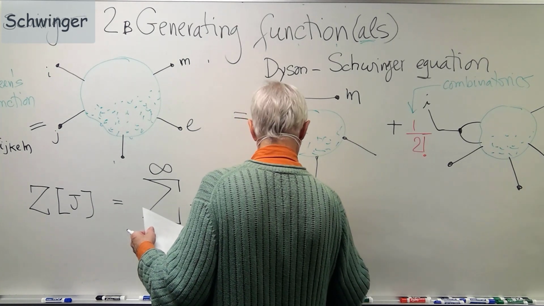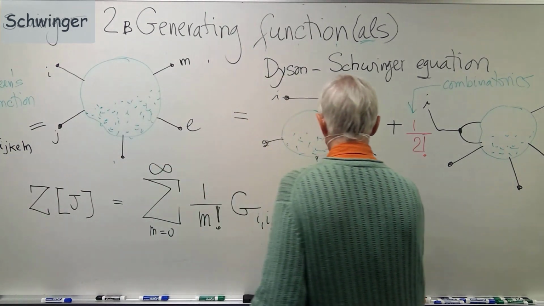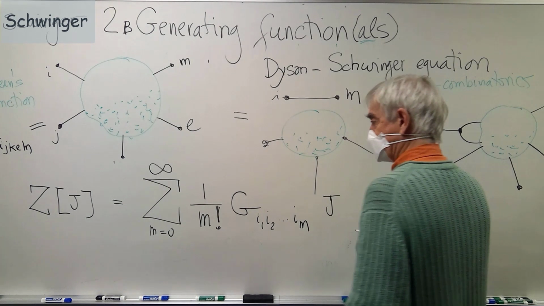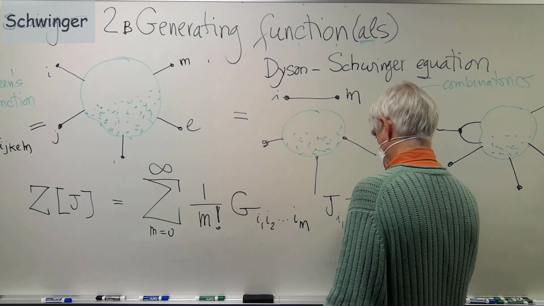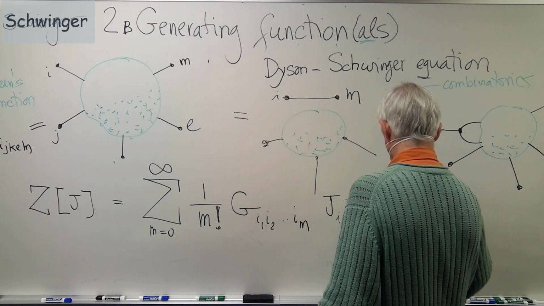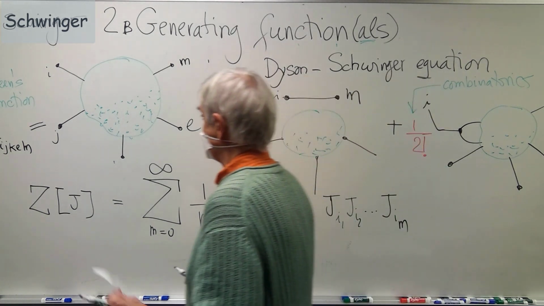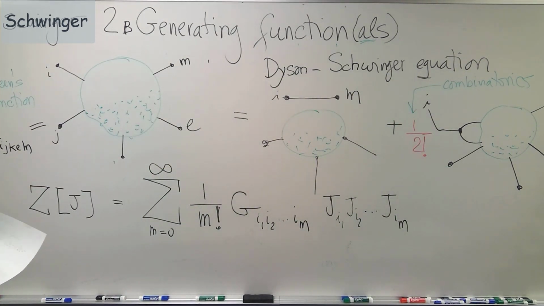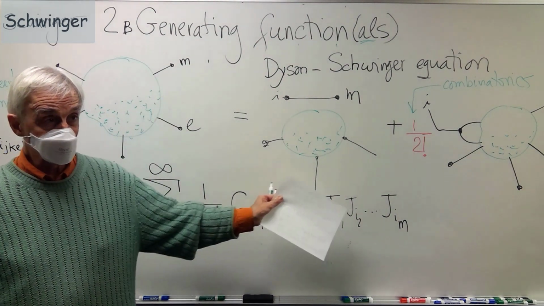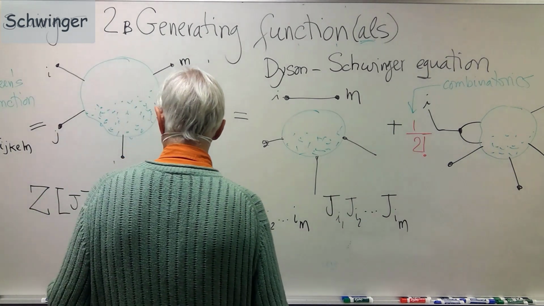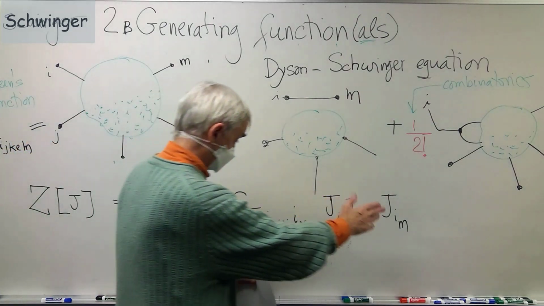Now, there's nothing special about having 5 legs, 3 legs, 7 legs, 27 legs. So it's very convenient to combine all these Green's functions with different numbers of legs into a generating function. And the trick about a generating function is that in it I combine the processes with no external legs, with 1, with 2, 3, 4, 5, all of them.